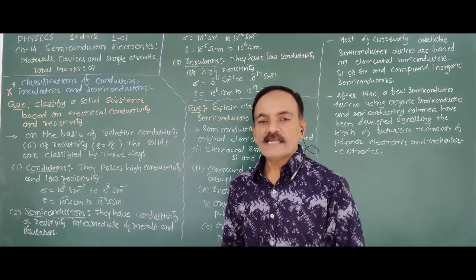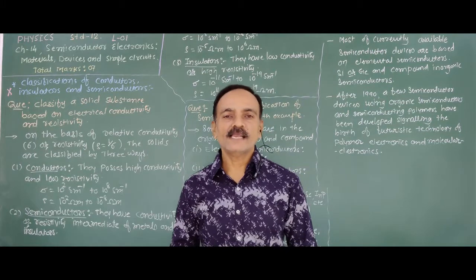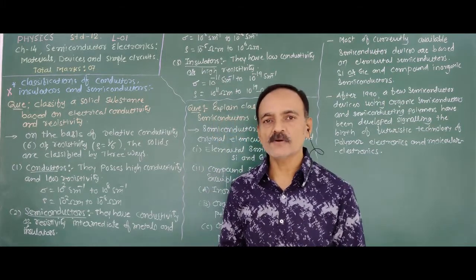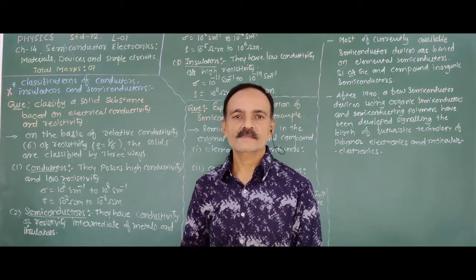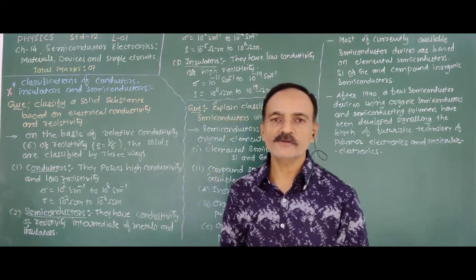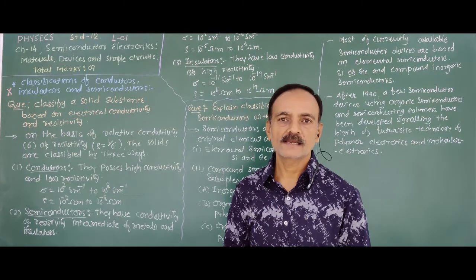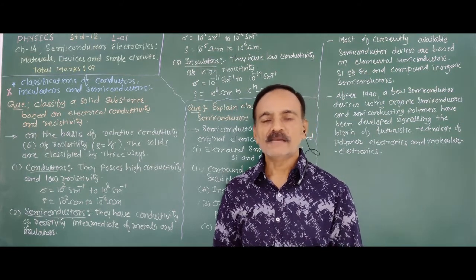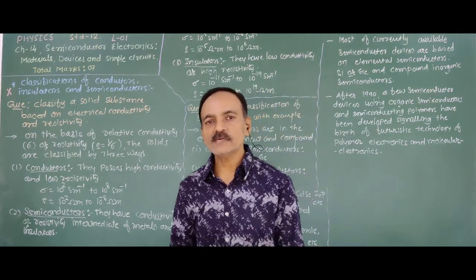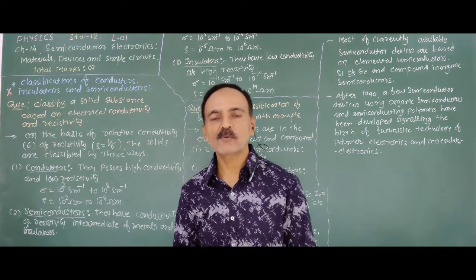Already in chapter 3, current electricity, we discussed the electric current. Electric current is formed due to the motion of electrons in a solid or metal. Metal is formed by two types of ions, negative and positive.